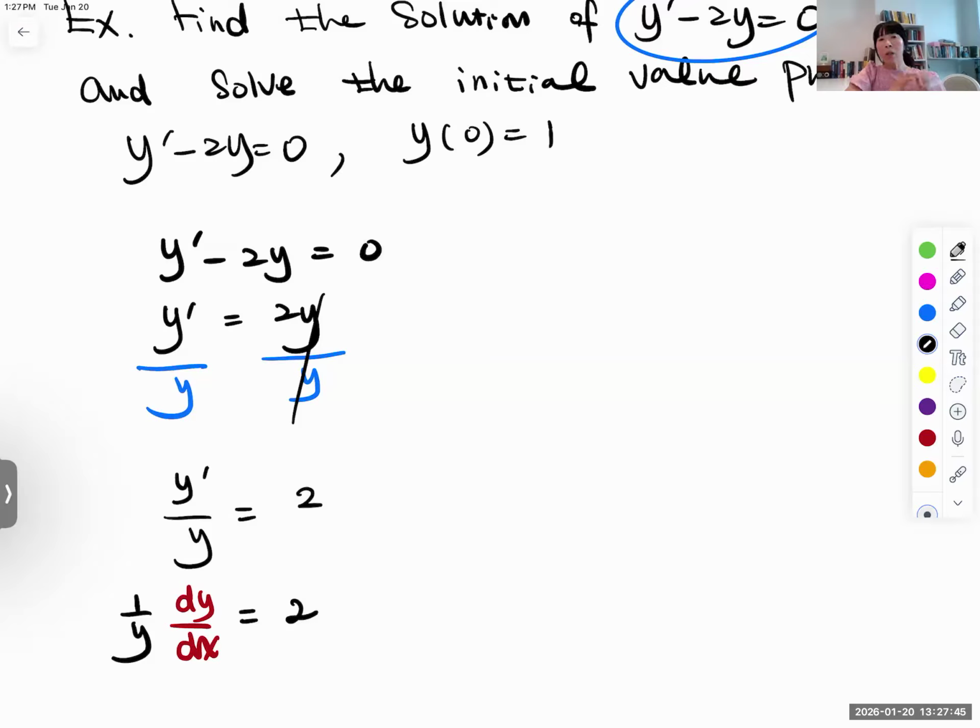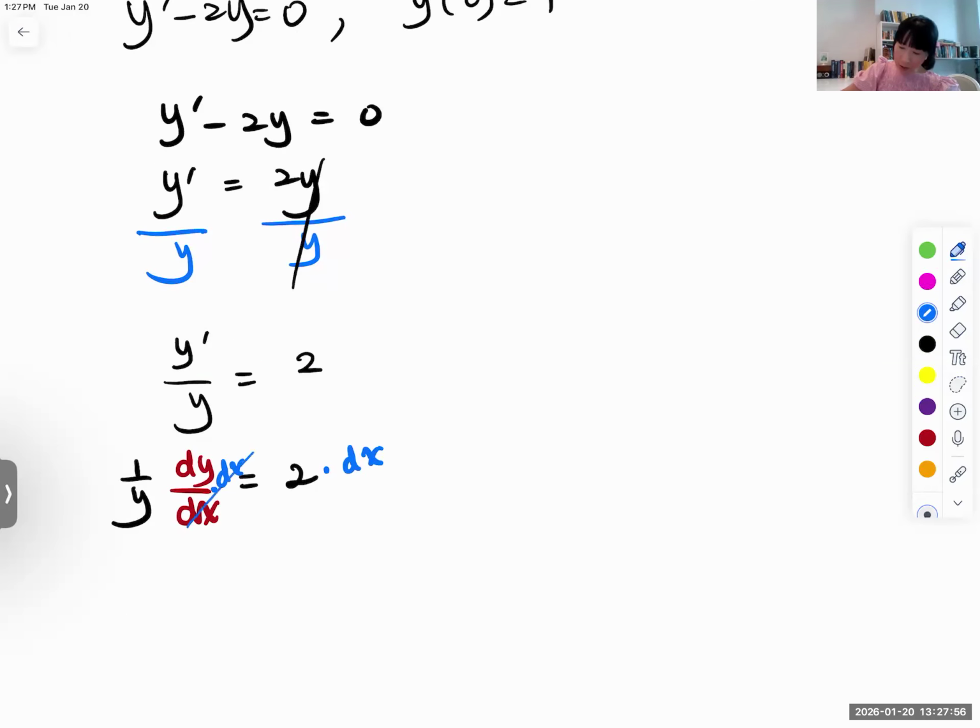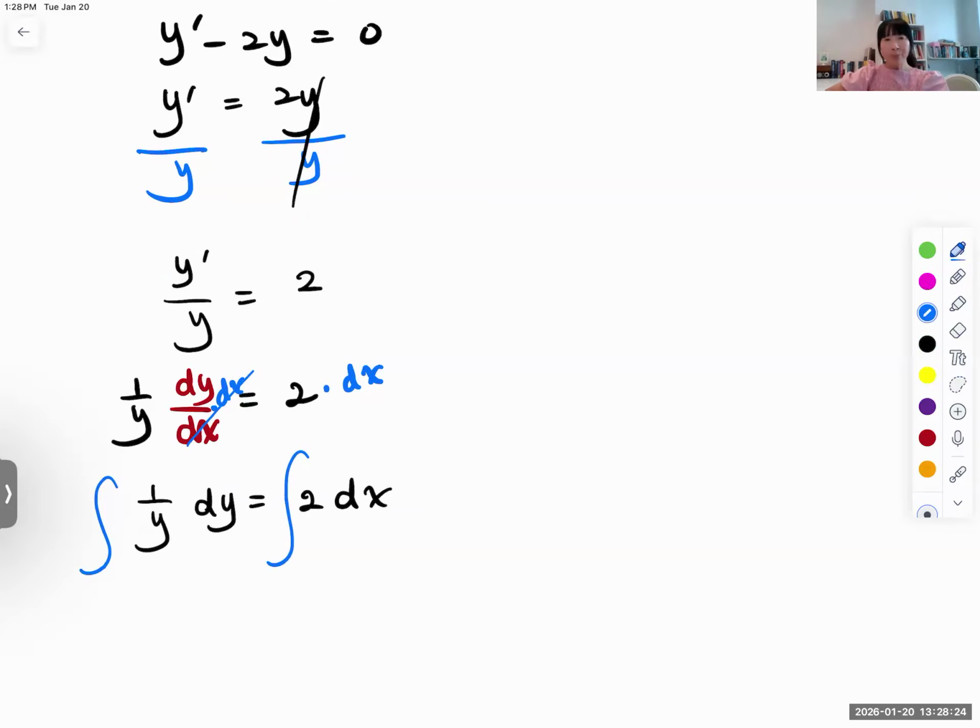Now we multiply by dx on both sides like earlier, so that will be 1 over y dy equal to 2 times dx. Okay, now we can integrate, because we have the y variable on the left side and the x variable on the right side, right?